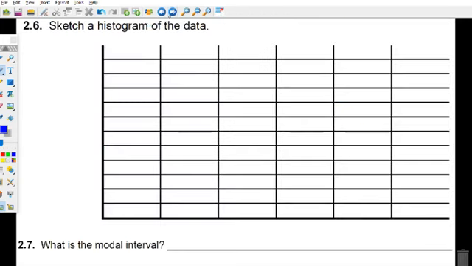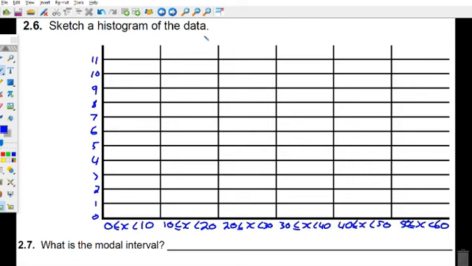So what we're going to do, we're going to sketch a histogram again. So we're going to look at the data. We've got 0 less than or equal to x less than 10, and so on and so forth. So this is a histogram showing the marks of tests.